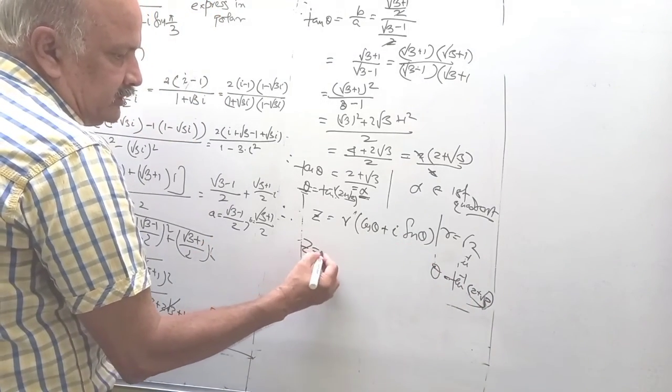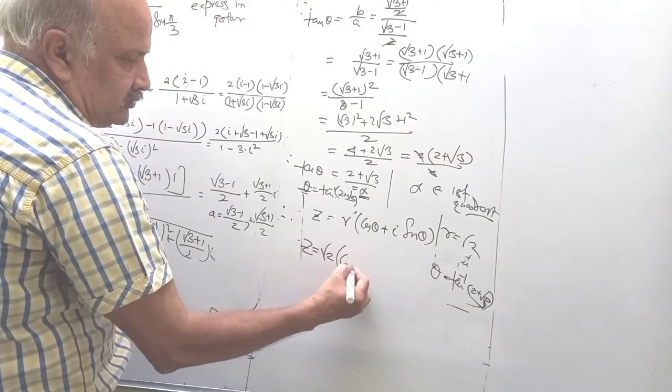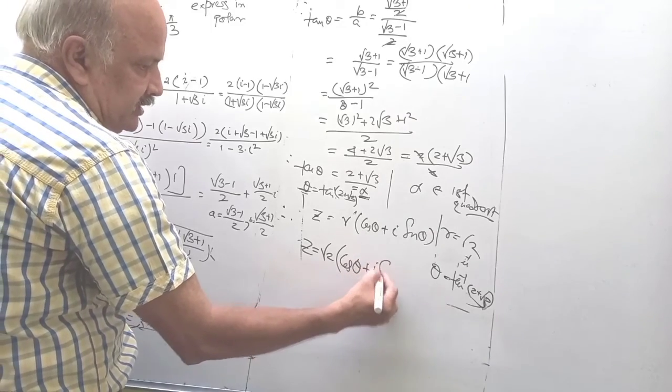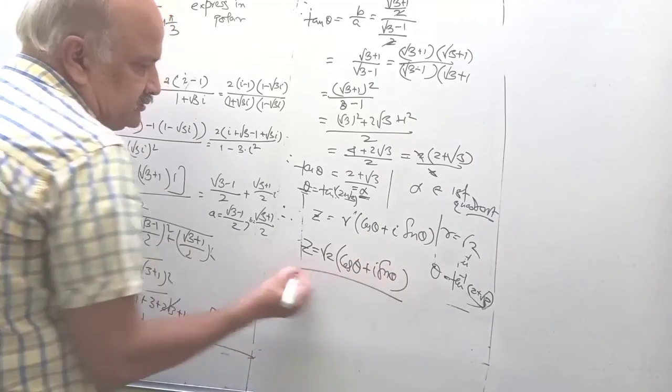Hence our z equal to root 2 into cos theta plus i sin theta is the answer.